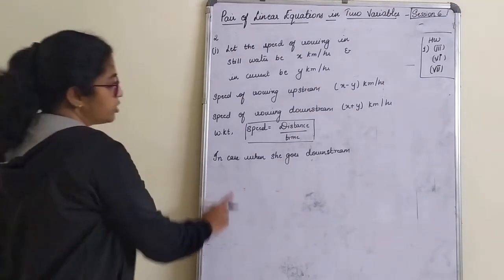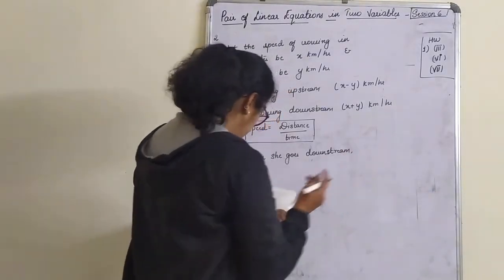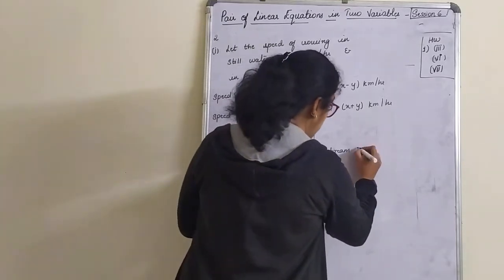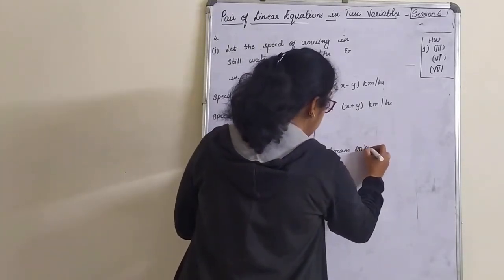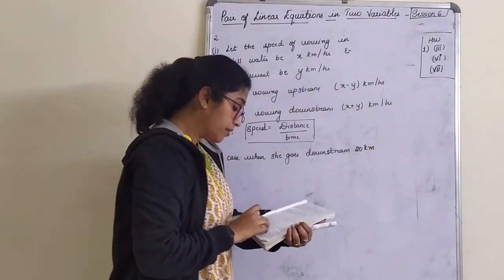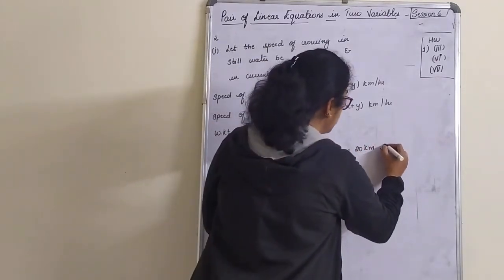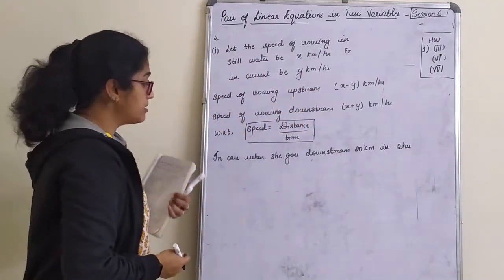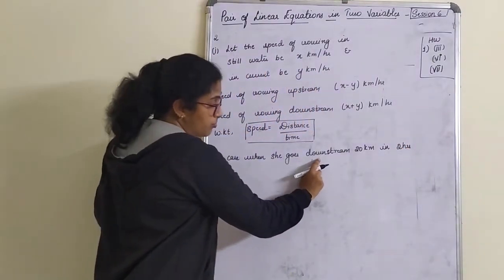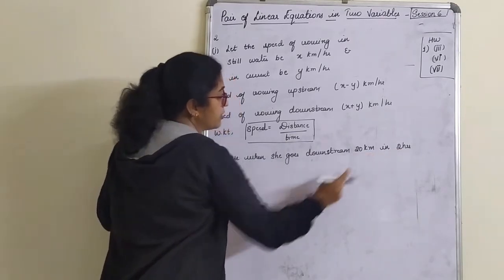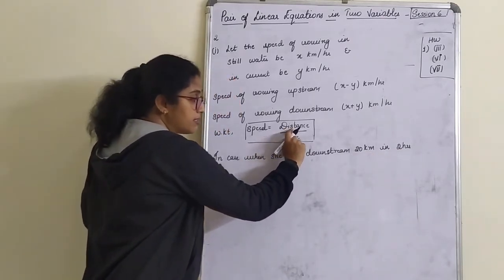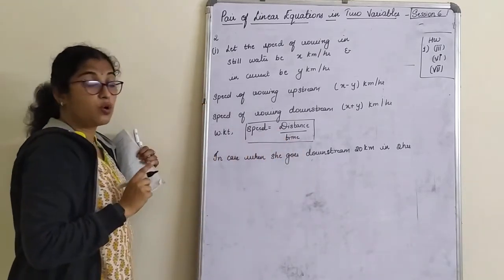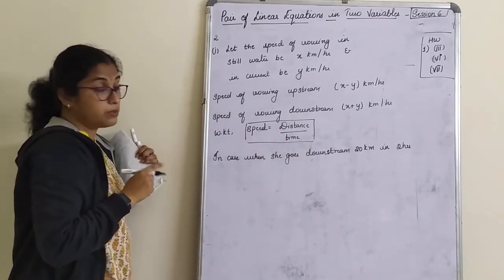She goes downstream 20 kilometers in 2 hours. How do we equate this? Distance is 20 kilometers, time is 2 hours. Since she is going downstream, the speed is x plus y.